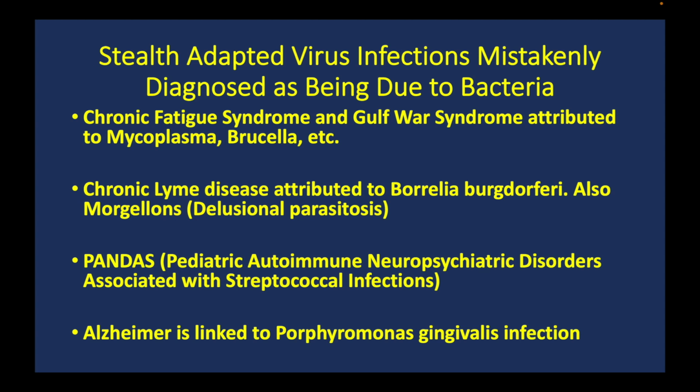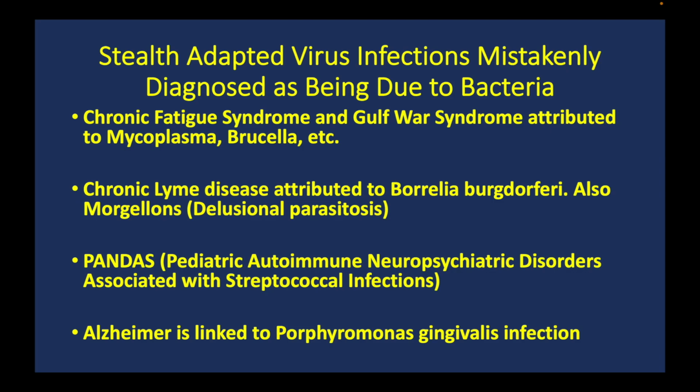Now, the next big topic is to address the issue of several illnesses that are attributed to bacterial infections, yet they have many features in common with a stealth-adapted viral infection. First of all, just to go back, chronic fatigue syndrome and Gulf War syndrome were previously attributed to Mycoplasma and Brucella.